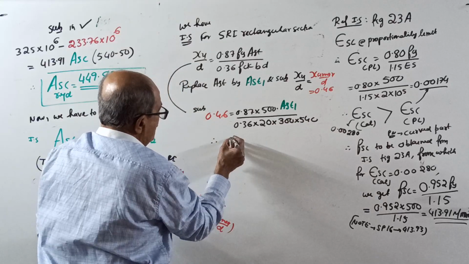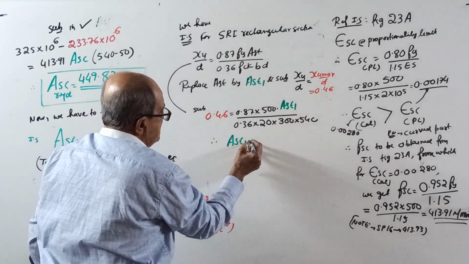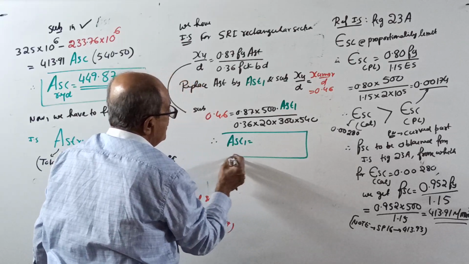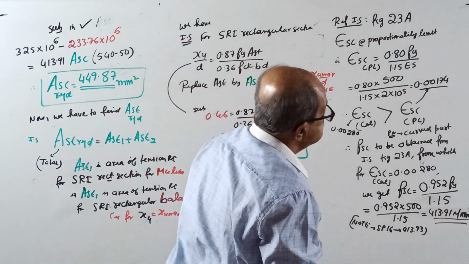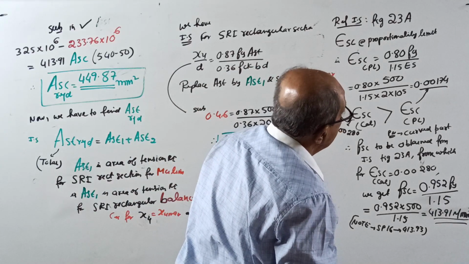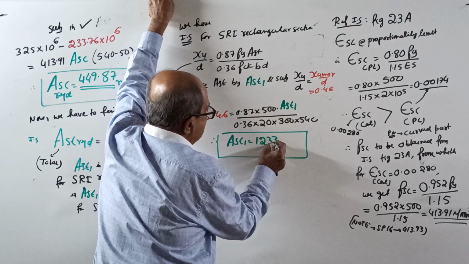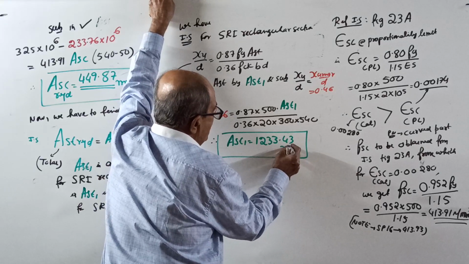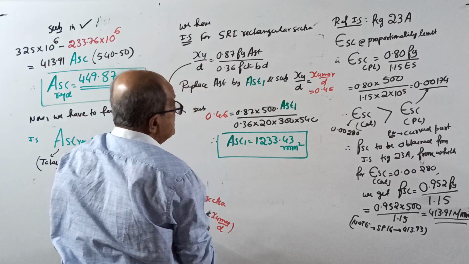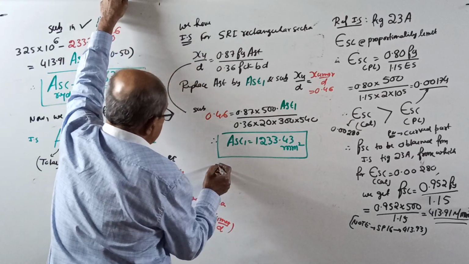Therefore, you get the value of AST1 equal to 1233.43. 1233.43 mm square is AST1. Next.